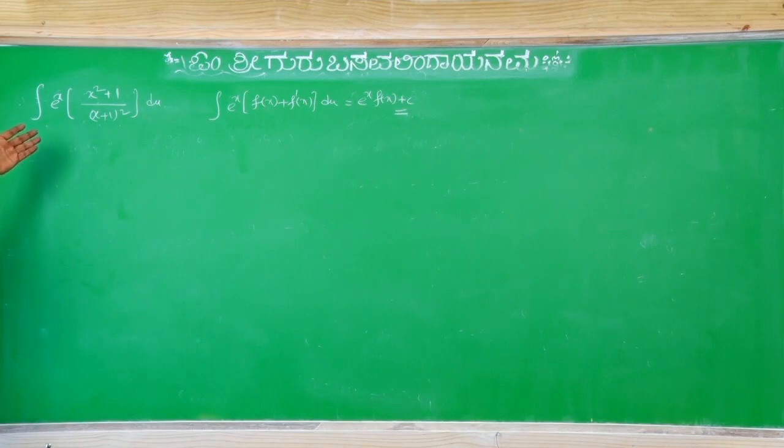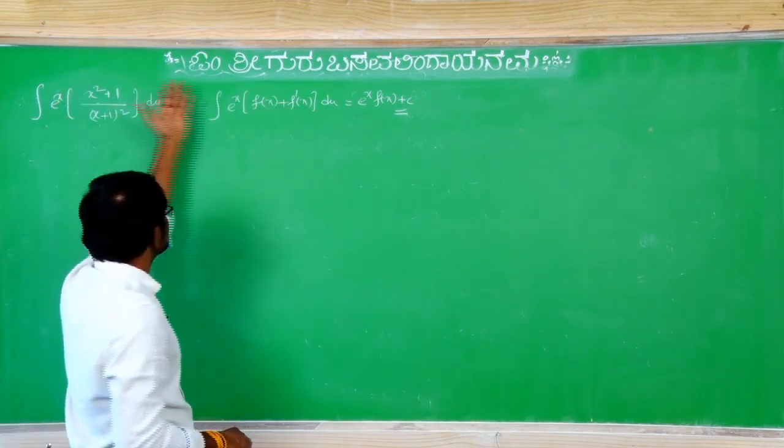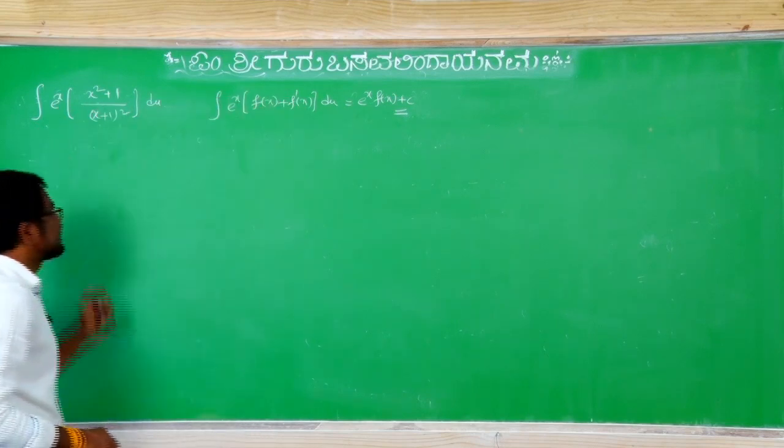But it is not directly in the form of f of x plus f dash x, e power x is there but it is not in the form of f of x plus f dash x, so we have to write like that.